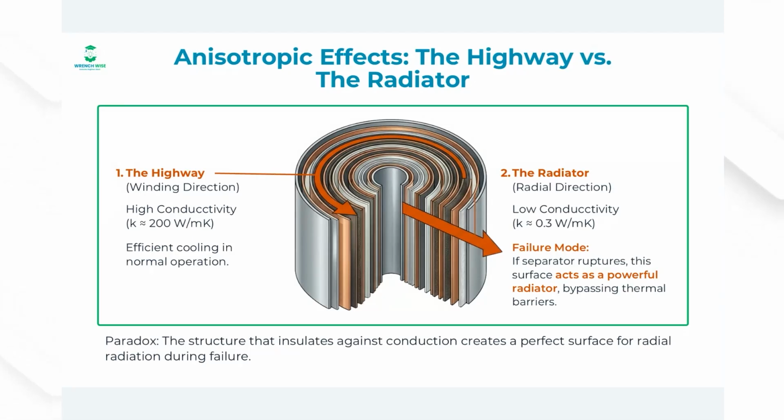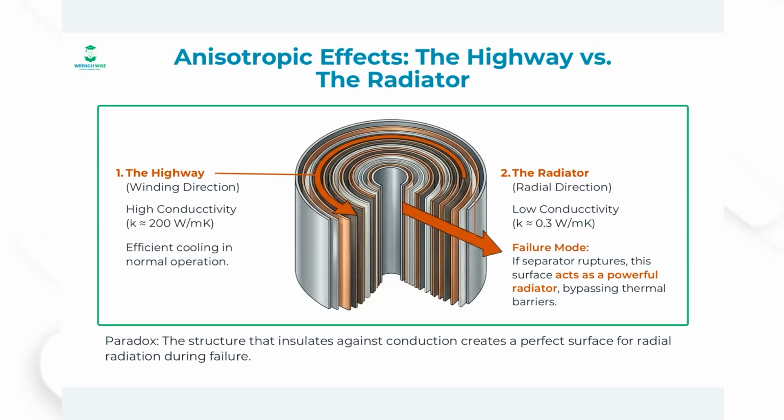But looking at the radial direction, heat has to jump through layers of plastic separators, active material, etc. The conductivity drops all the way to 0.3 watt per meter Kelvin. So in terms of conduction, this battery is acting like an insulator in this direction. Heat struggles to physically push through these layers.